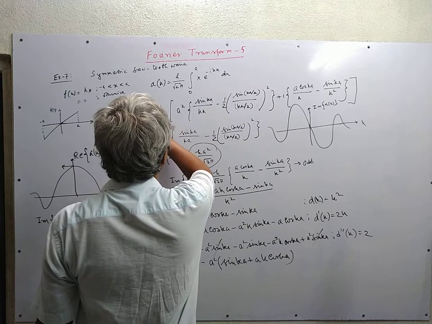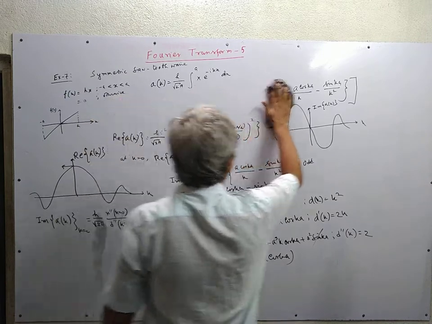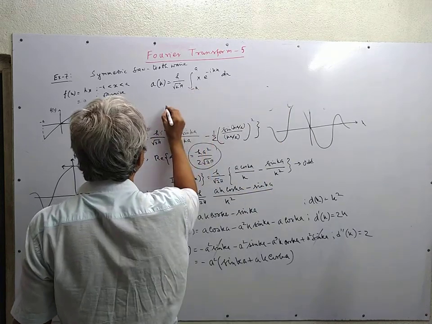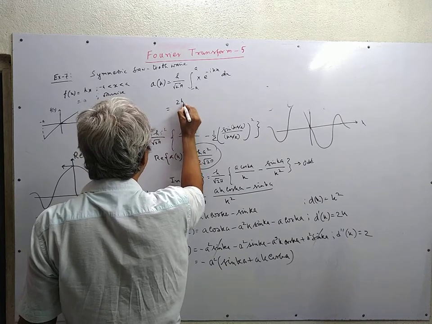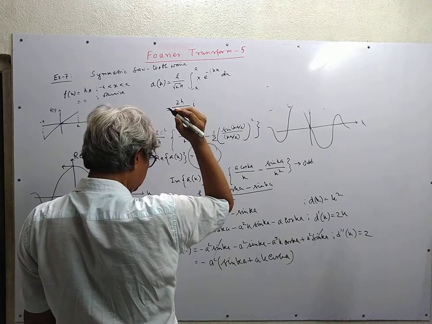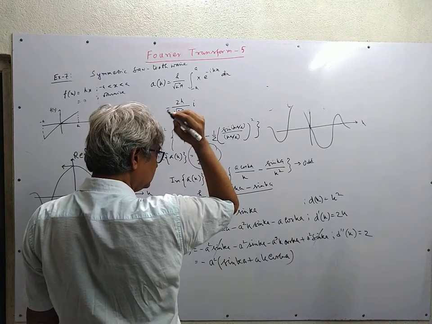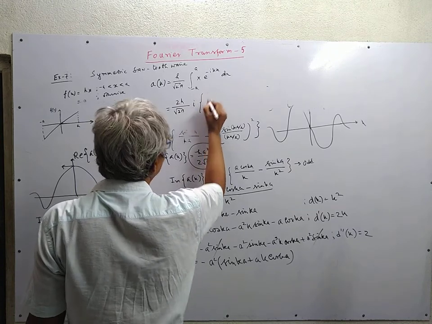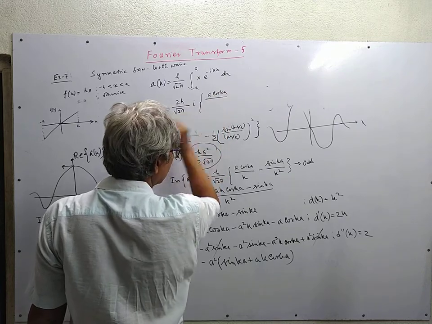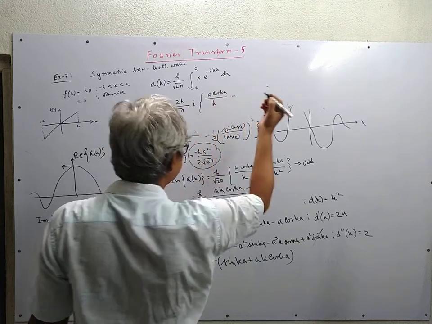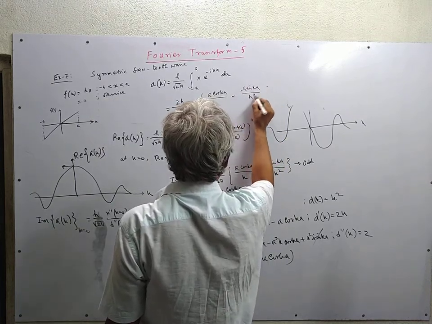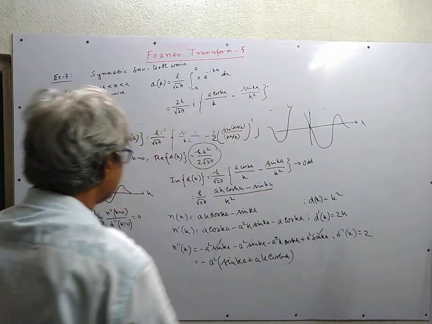So on calculation, sorry, the imaginary part I have erased, this will come out to be 2h upon root 2 pi i times a, which we have discussed in detail.